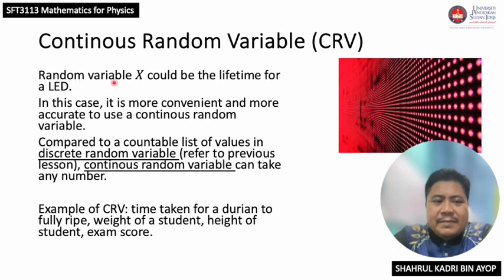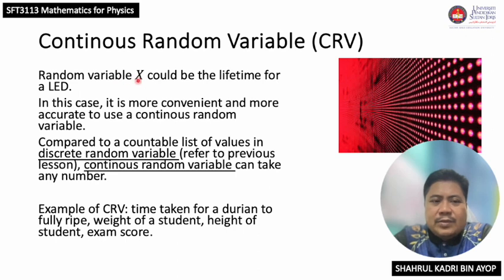Random variable X could be the lifetime of an LED. In the previous lesson, we considered X, for example, the occurrence of a head, or the occurrence of face 1 of a dice.